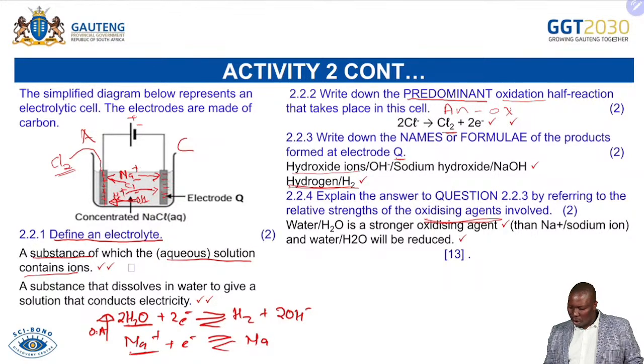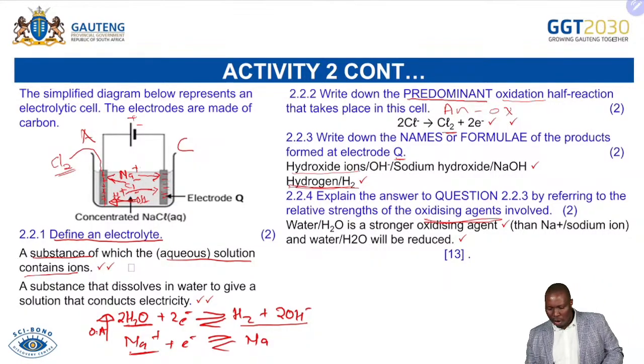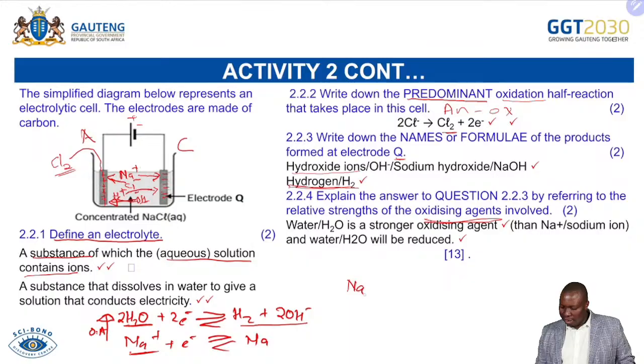Therefore water will be reduced. If you look at table 4B, it starts with sodium plus an electron, forming sodium, and then 2H2O plus 2 electrons, forming hydrogen gas plus 2OH minus, and the arrow is downwards.